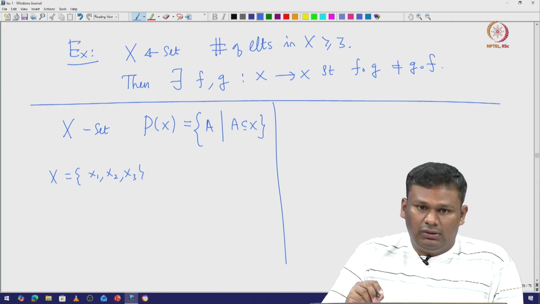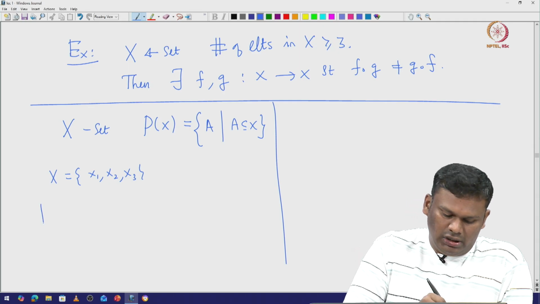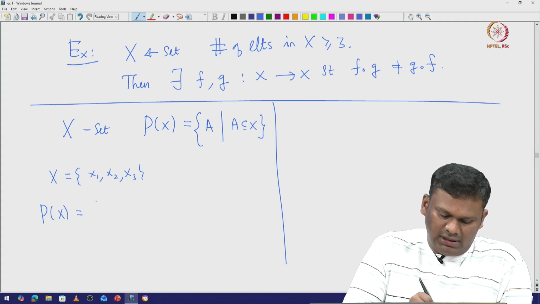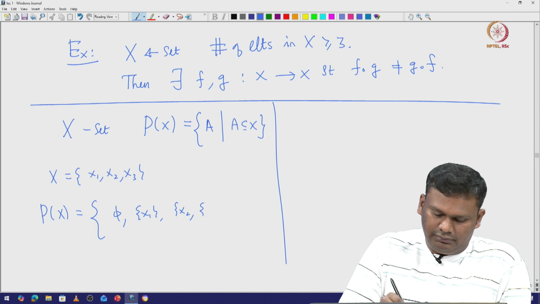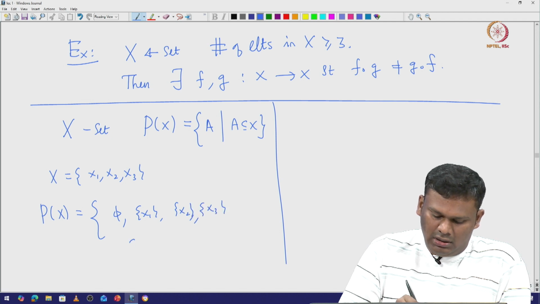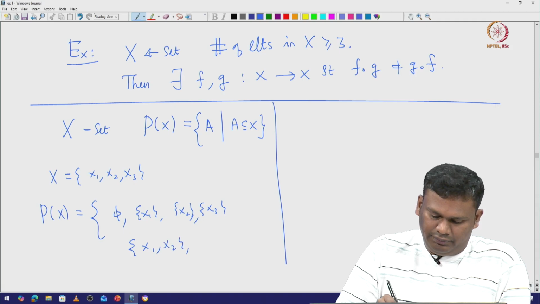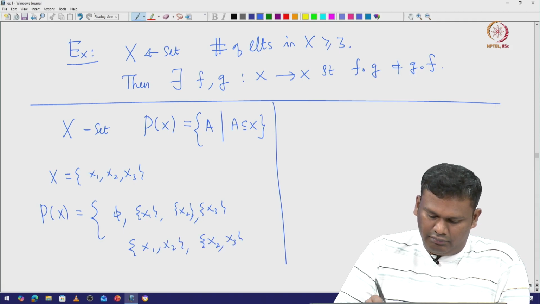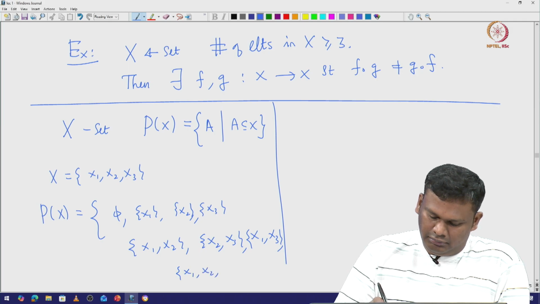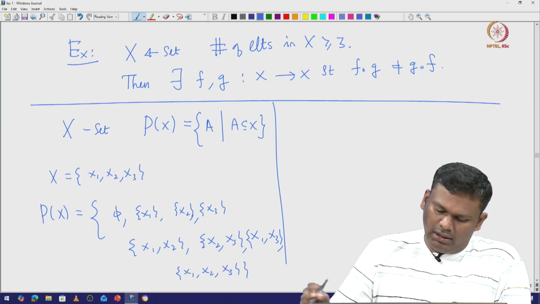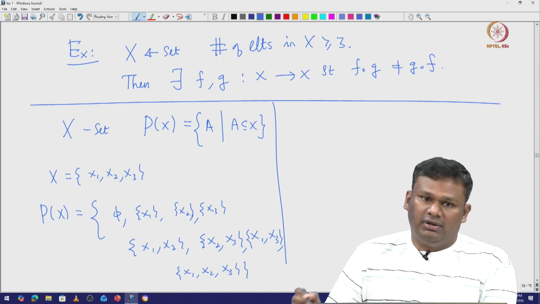It is not difficult to prove that the power set of X will have exactly 2 power 3 elements, which is 8. So, let me just write it down. The power set of X will have the empty set, the singletons, the 2-element sets and the 3-element set. So, you can see that totally there are 8 elements.